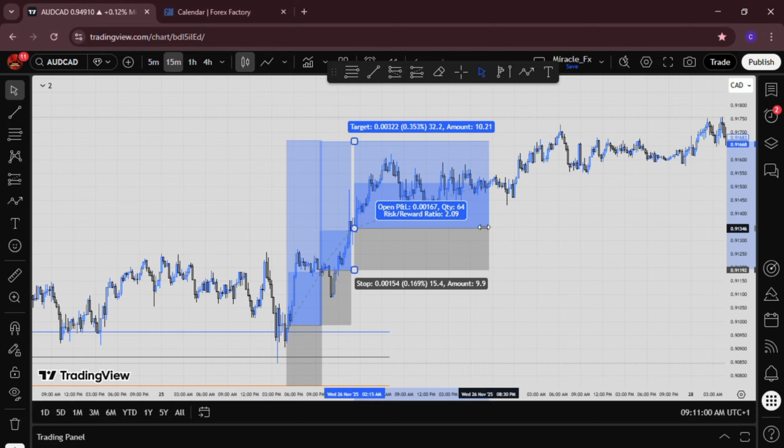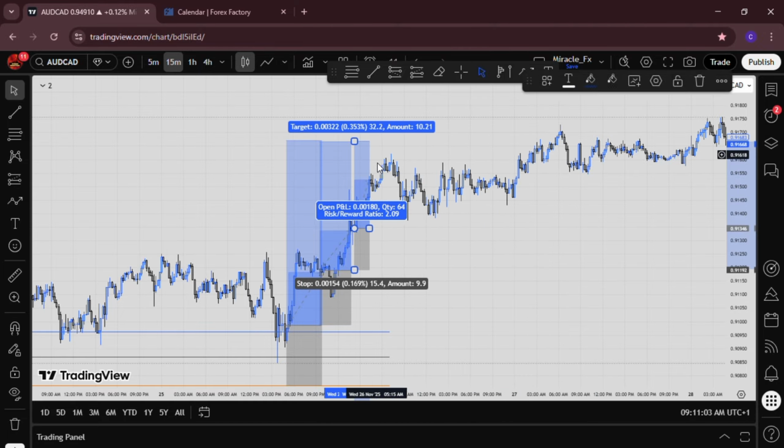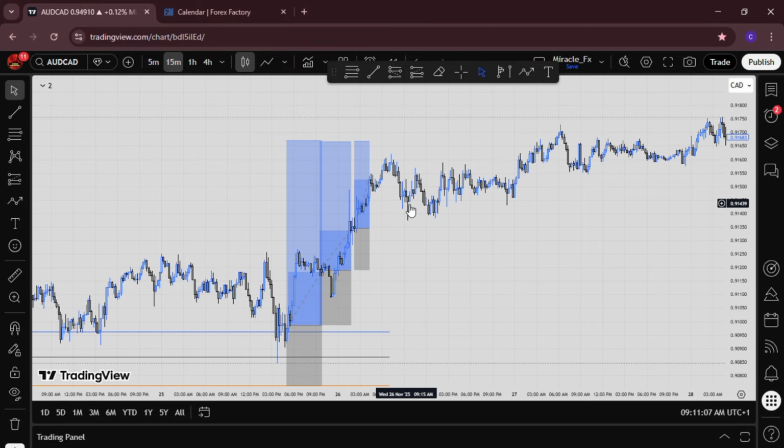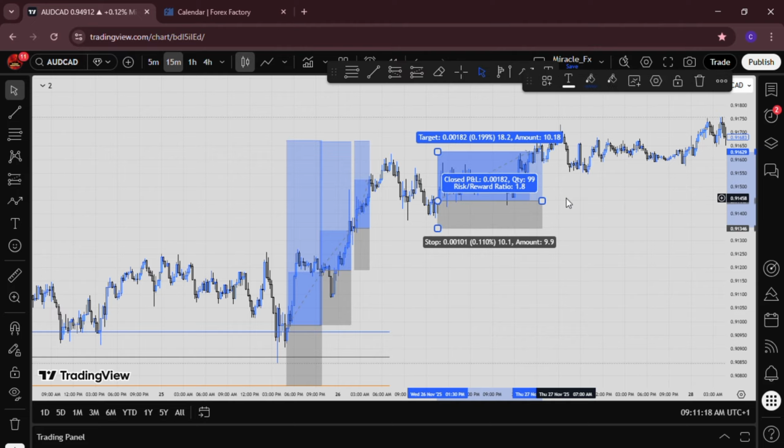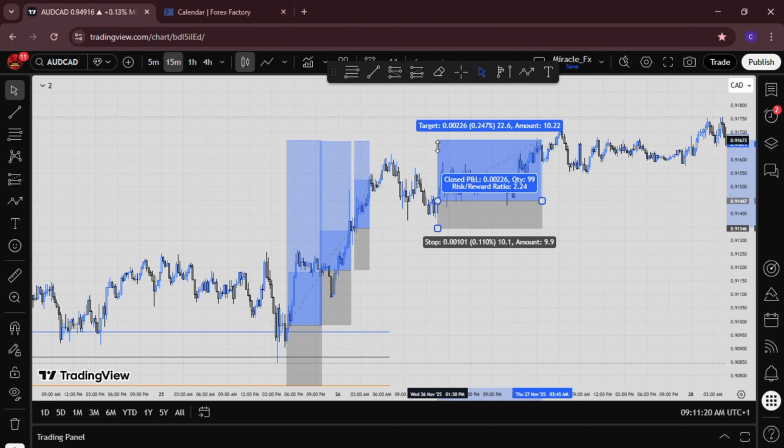So I can also take trades here. Price came down here, went up, came down. So the price did not break this low. I can also take a trade here. Target here, and still target my TP. So that's how I scale up in a single trade.